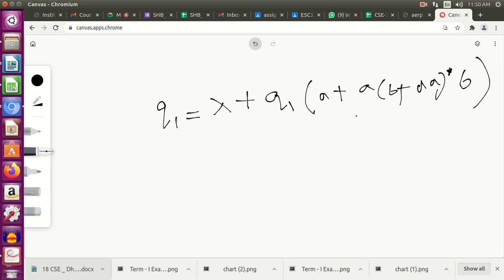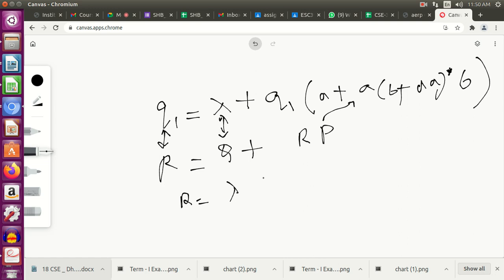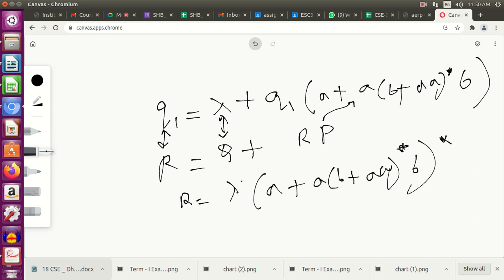Okay, so again if you compare with the Arden's theorem, Q plus RP, so this is your R, this is your Q, this is your P. So the solution of this equation will be QP star, that is lambda P star, where P's value is A plus A (B plus AA) whole star B. Okay, so we can ignore this lambda basically.